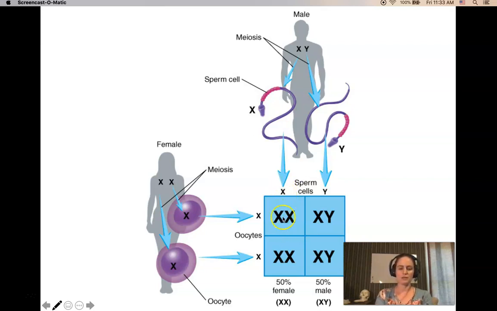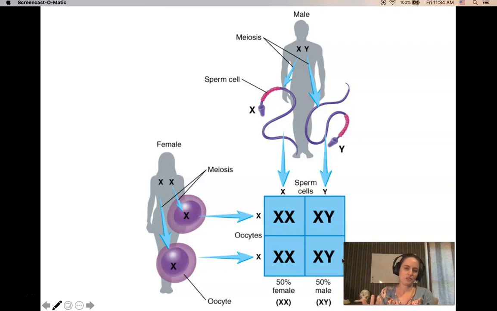So this is the likelihood that we'll develop an offspring with XX chromosomes. And in this box, we'll look at another quadrant of probability. We'll combine this probability with this probability, and that's an XY individual. In this box, we'll consider these two probabilities, and in this box, we'll consider these two probabilities, like a cross multiplication table. You can do this with branching Y patterns instead.